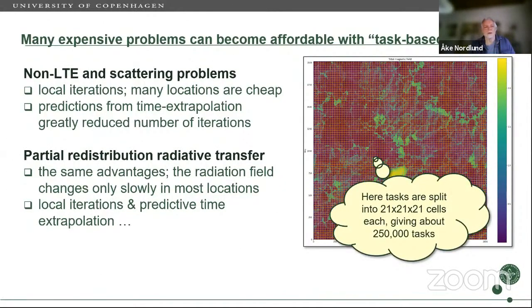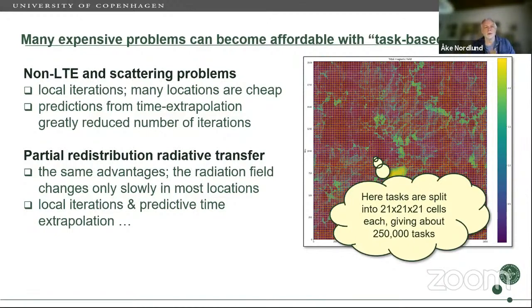If you think, for example, of non-LTE and scattering problems, in many locations in the solar atmosphere the radiation field will not change very much on a time scale of a few seconds or even more, because the radiation field is sensing source functions over a wide area.